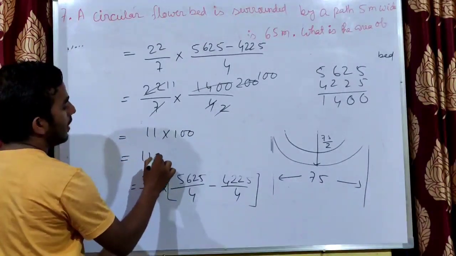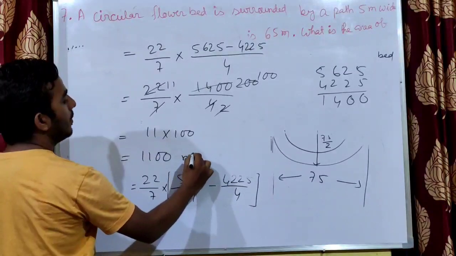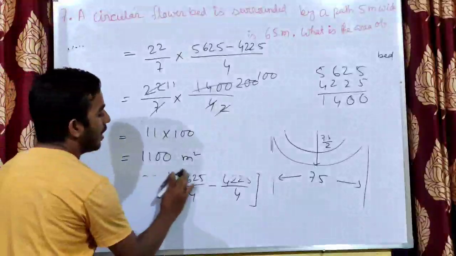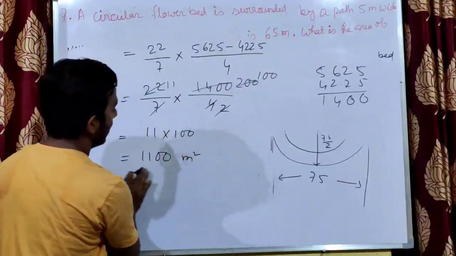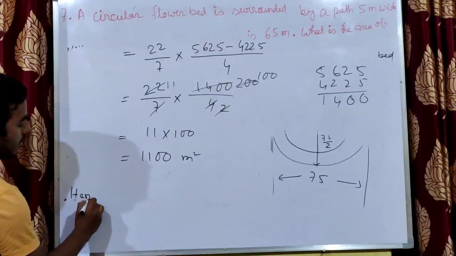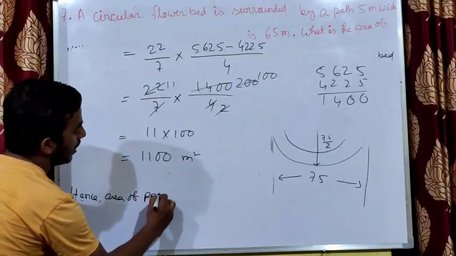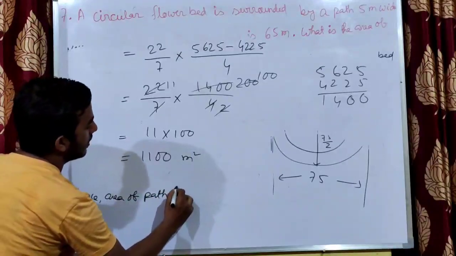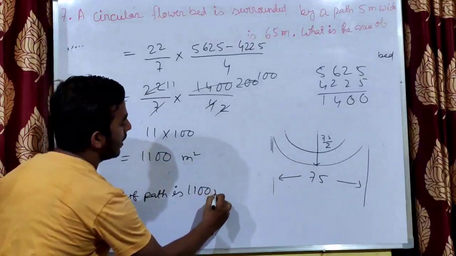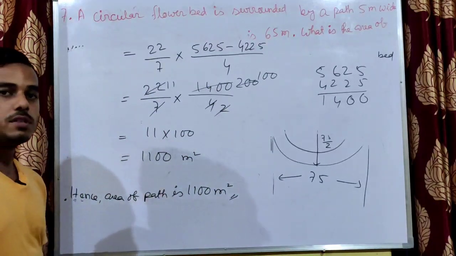It will be 1100. As this is area, its unit will be what? Meter square. That means area of the path is 1100 meter square. So at last we will write, hence area of path is 1100 meter square. I hope this is clear to you.